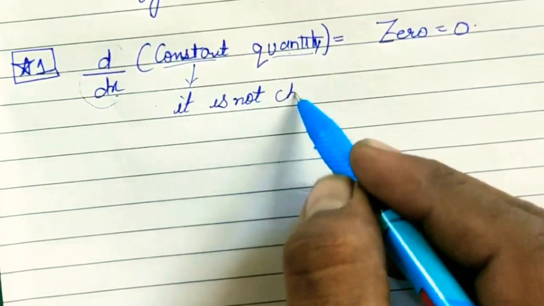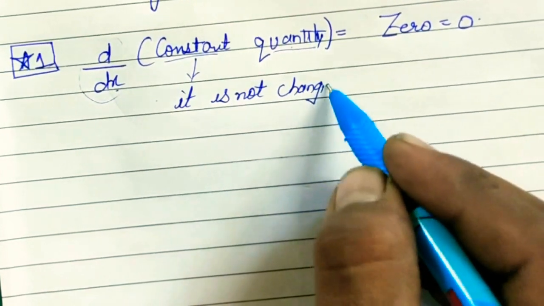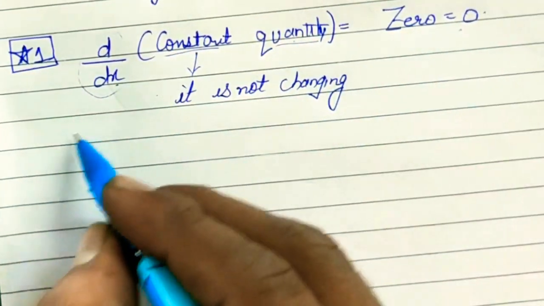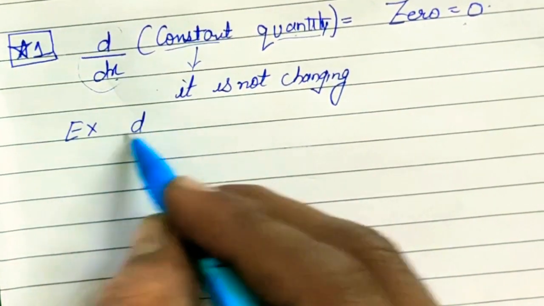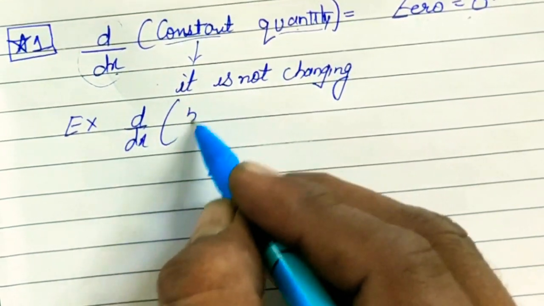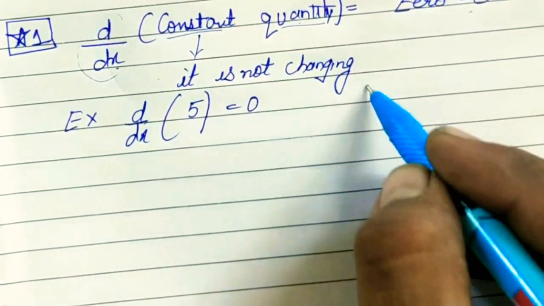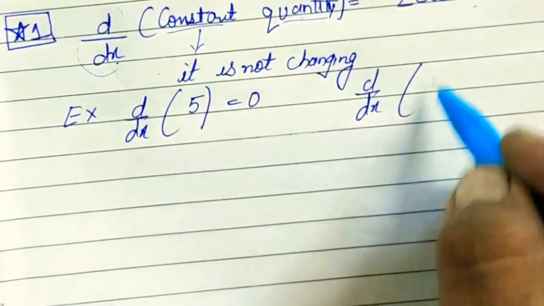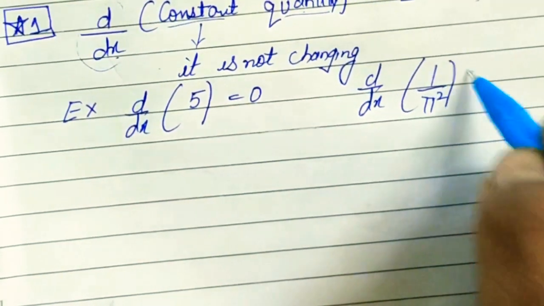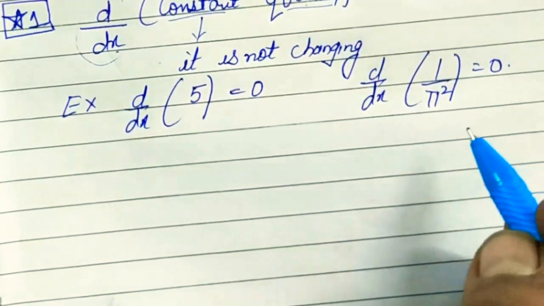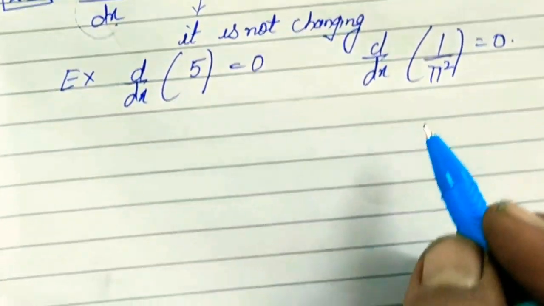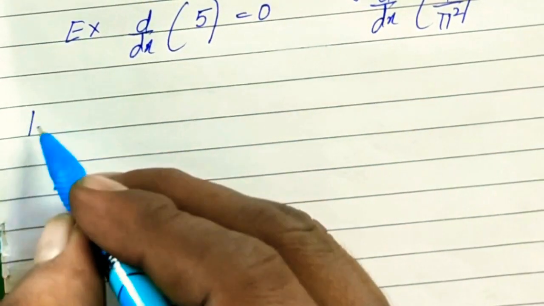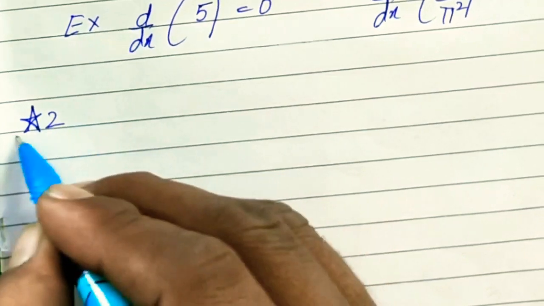If it is not changing, then what will be its rate of change? It will be 0. So, for example, d by dx of any number, that is 5, it is 0. d by dx of any number, suppose 1 upon pi square, it is 0. So if there is no variable, then the differentiation is 0. This is formula number 1.